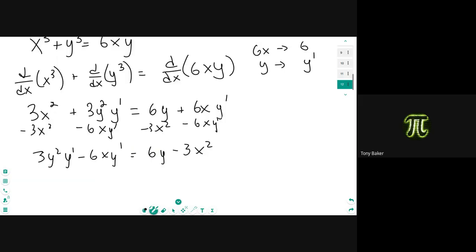All right, what's next? On the left side of the equation, you can factor out y prime. The reason we get them all to one side is because now everything over there has a y prime in it. Pull it out.